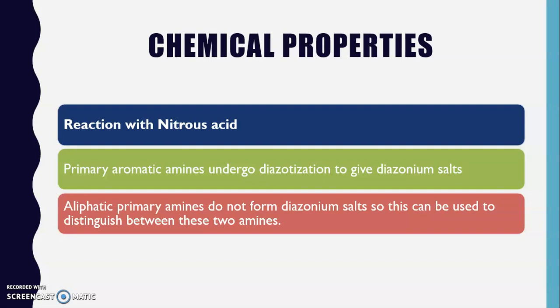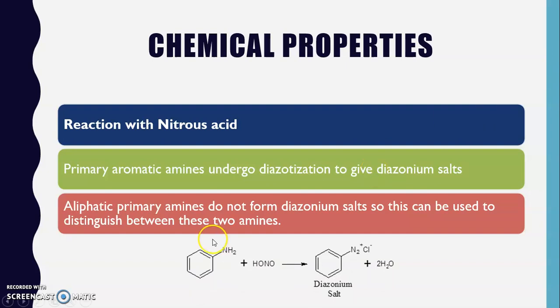Also, this reaction gives an important tool to carry out the differentiation between the aliphatic primary amines as well as the aromatic primary amines, because aliphatic primary amines do not form the diazonium salt, due to which this particular reaction gives the differentiation between primary aromatic amines as well as the primary aliphatic amines.